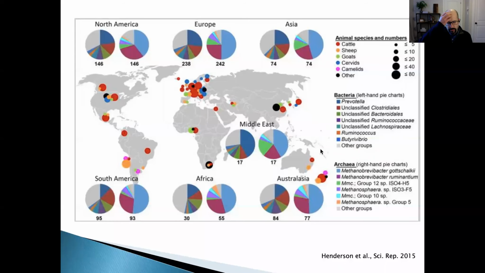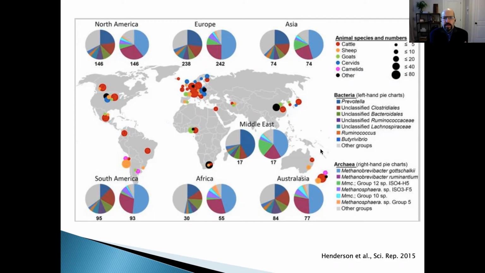And this one was comparing the microbiota from rumen of different species and different diets, different geographic locations, creating a kind of a map of the ruminal microbiota of animals all over the world.